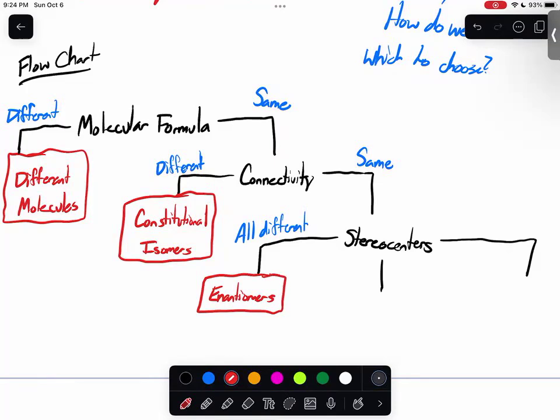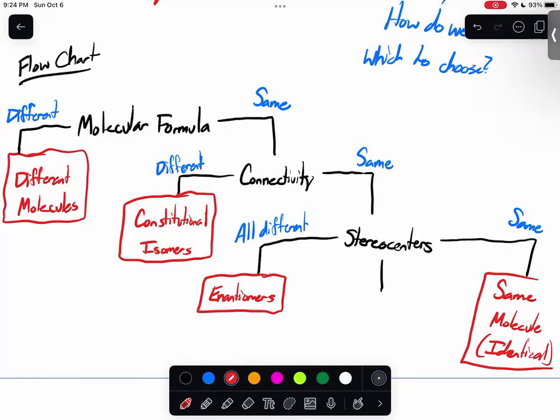They are now all different. Versus if all the stereocenters are the same, funny enough, same formula, same connectivity, same stereochemistry, you're looking at the exact same molecule, right? Those things are identical to one another.